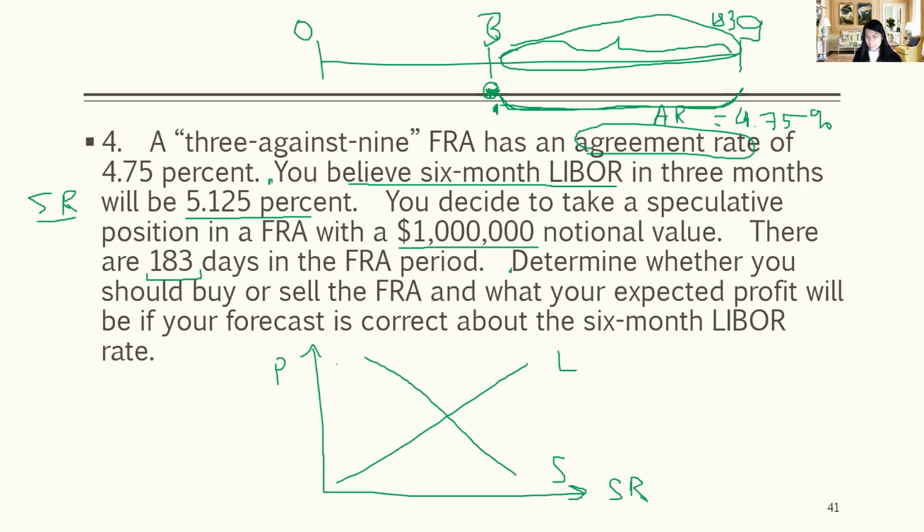So I've got two answers. I've got 4 answers. While I'm waiting, I'm just going to properly label the graph. So here's the agreement rate, settlement rate, and so on.